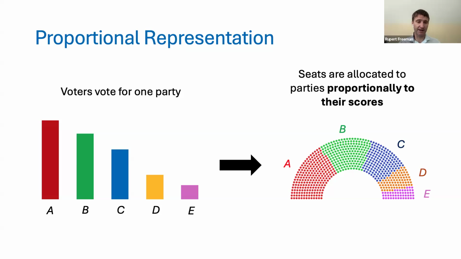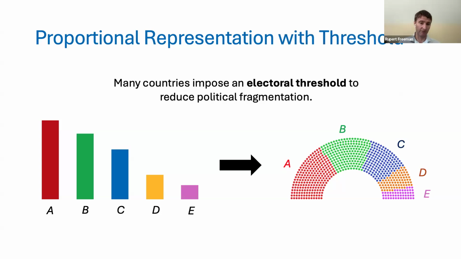However, although this is good for proportionality, you can end up with a somewhat fragmented parliament where you get many parties, some of which are very small, and this can make governing difficult in terms of coalition formation to form a government. So many countries address this by imposing a threshold to reduce this fragmentation.